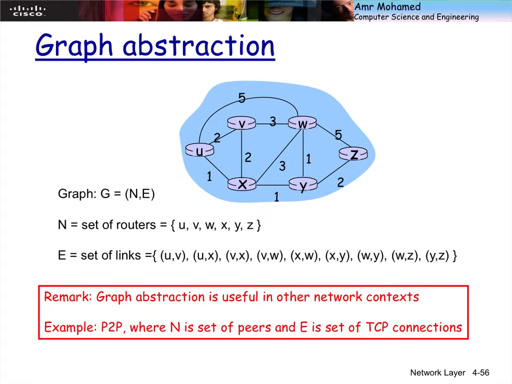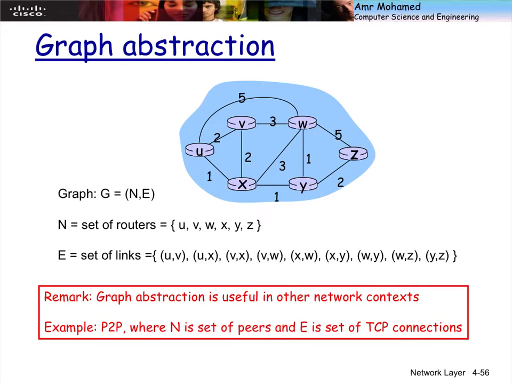The cost can represent the delay, or the amount of delay that you encounter when you go from one node to another. As the delay goes high, the cost goes high. So in that case, you want the shortest path with the minimum accumulated delay end to end. The cost may also represent, for example, the reliability of the link: what is the probability that this link will go into errors or disconnection or something like this?